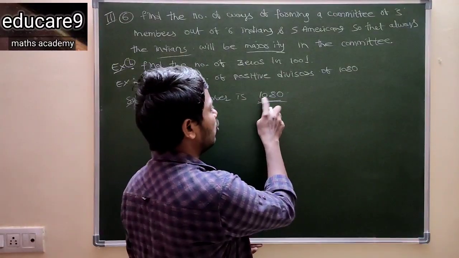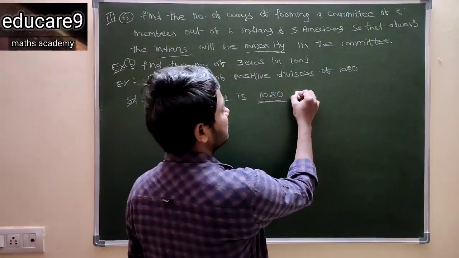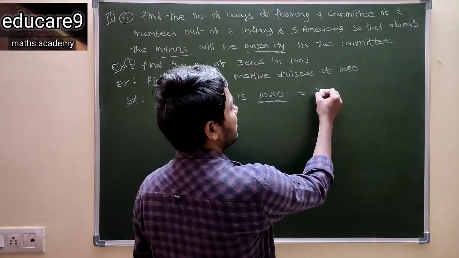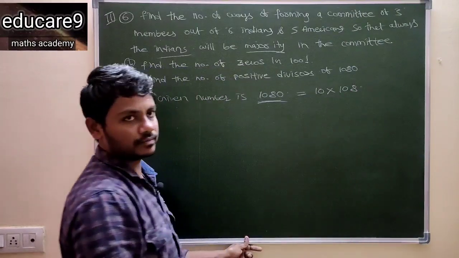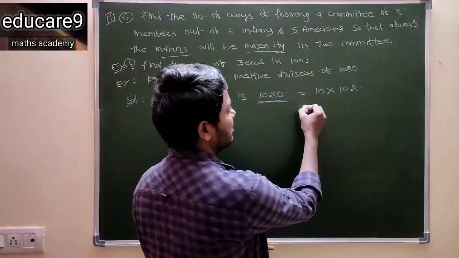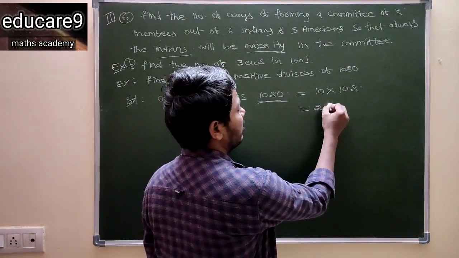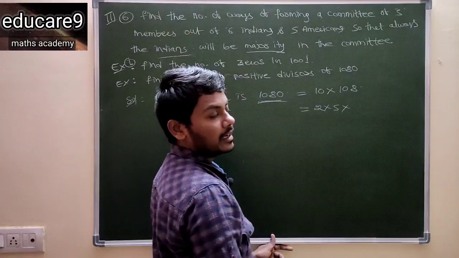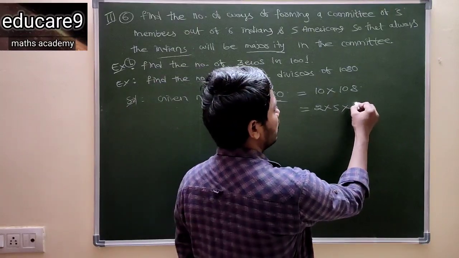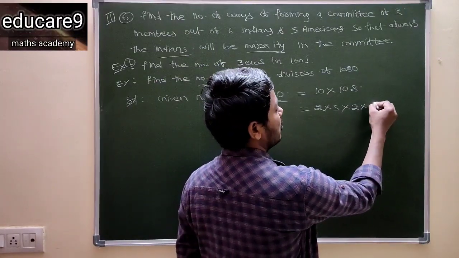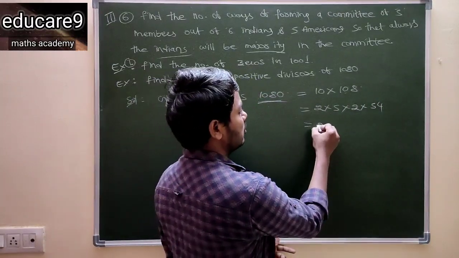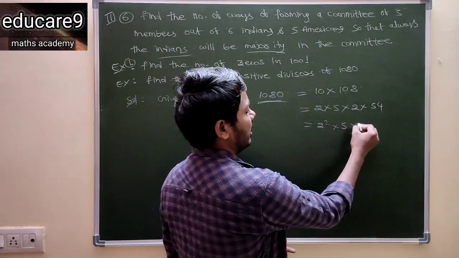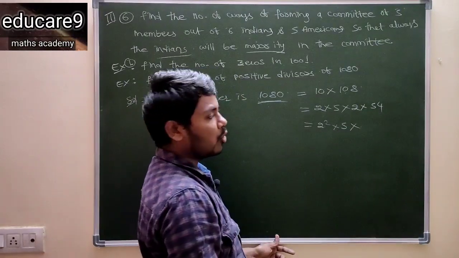So see here, how to write 1080? This can be written as 10 into 108. Again, this can be written as 2 into 5, and 108 is 2 into 54, so this is 2 square into 5. Now how to write 54?